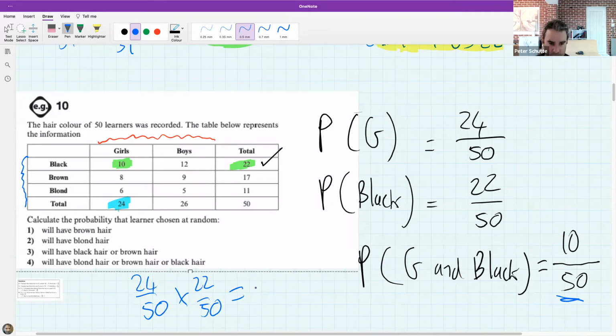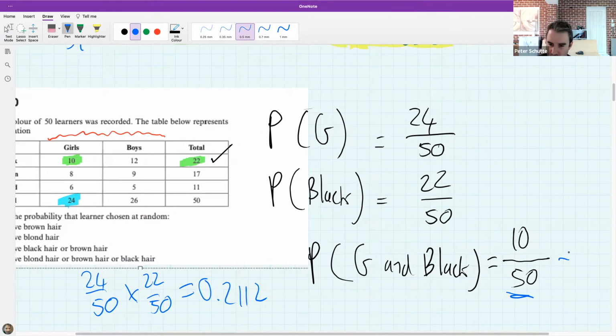I get 0.2112. Yeah. And for G and black, it's just going to be 0.2. And because they're not the same, we say they're not independent.